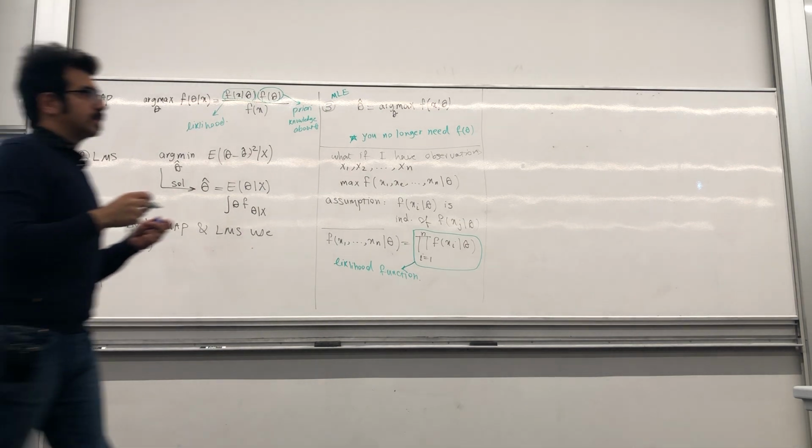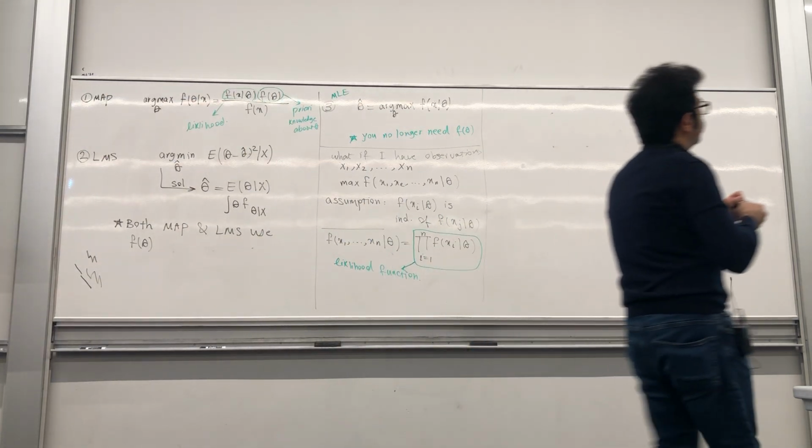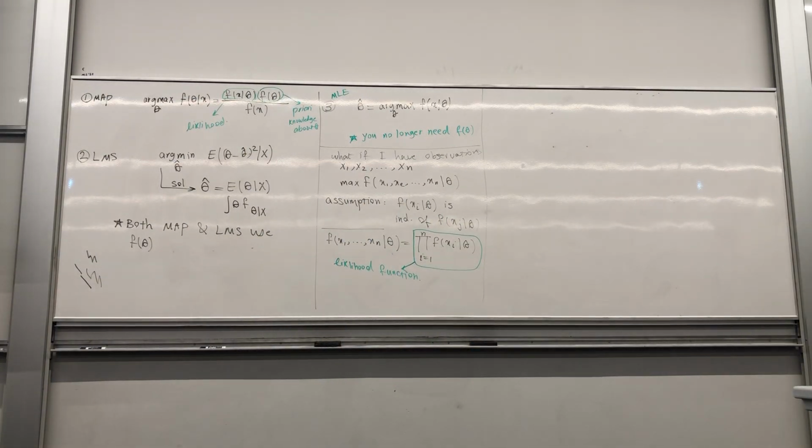Okay, let's solve the question. Question number 1. Suppose we have random samples x1 up to xn, where xi is equal to 0 if a randomly selected student does not own a car, and it is equal to 1 if he owns a car.